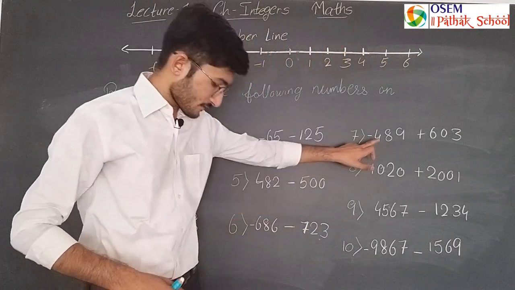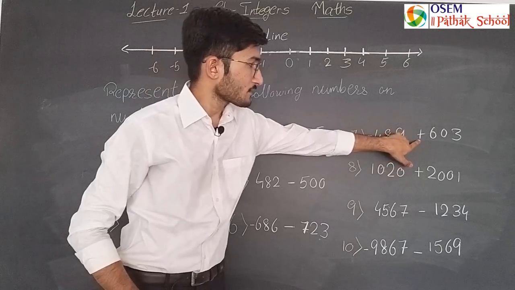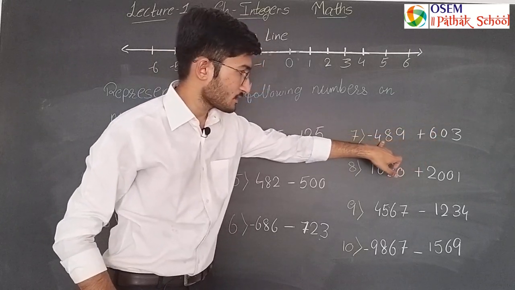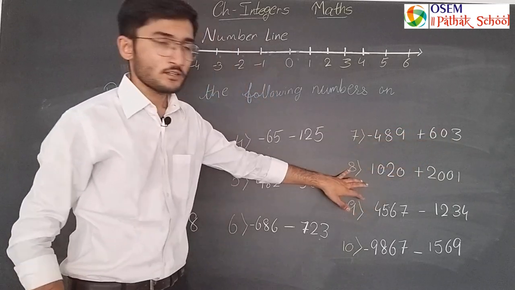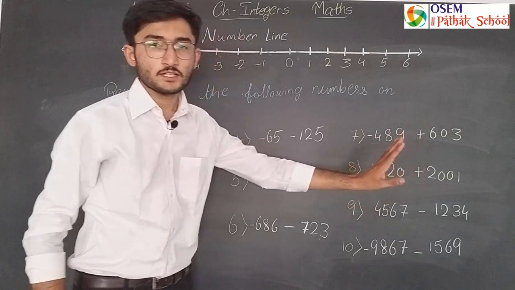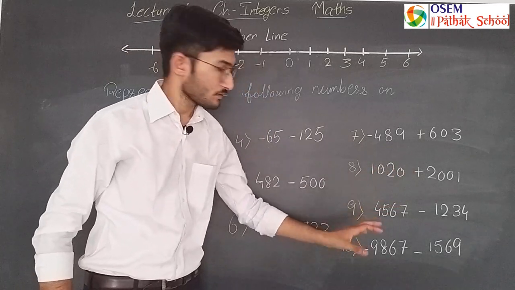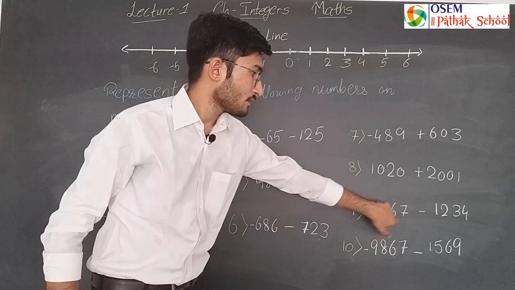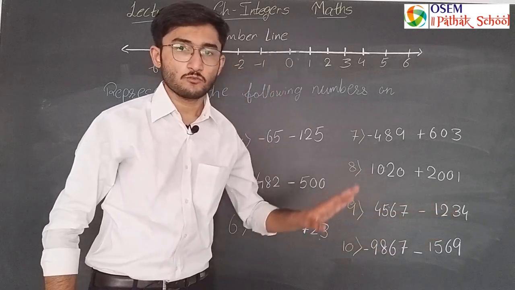Next one, that is seventh, minus 489 plus 603. One is a negative integer and another one is a positive integer. Eighth one, 1020 added to 2001. Here both the integers are positive. Ninth one, 4567 minus 1234.